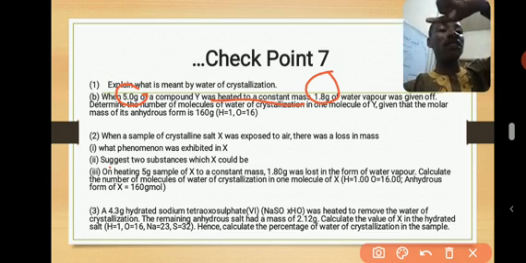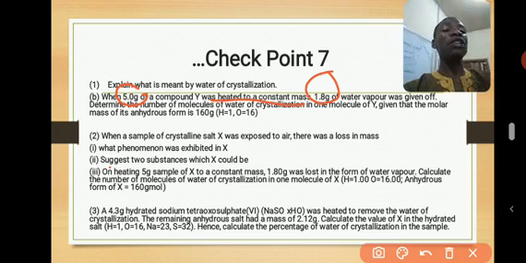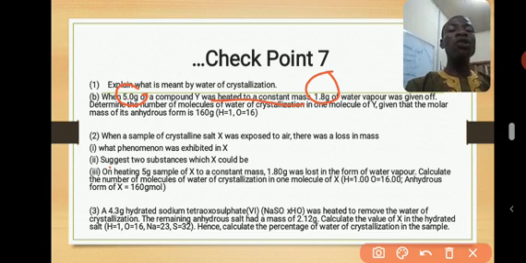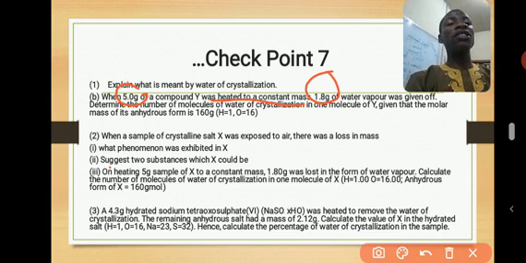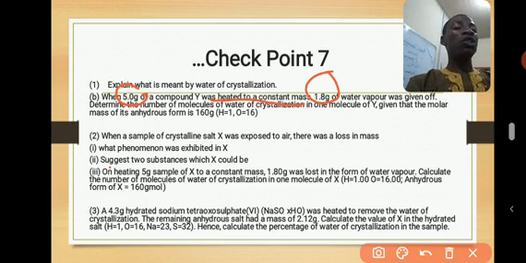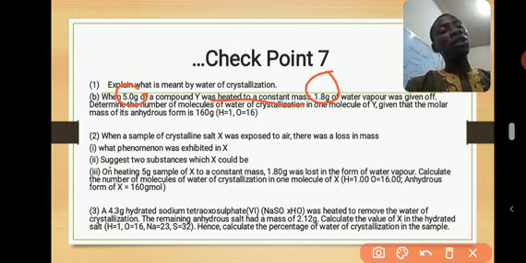In the last question, the one that we solved, you were told the amount of the salt that remained. So you now use sense to know how much water was given off. But in this question now, you were told the mass of the hydrated salt, then you were told how much water was given off.